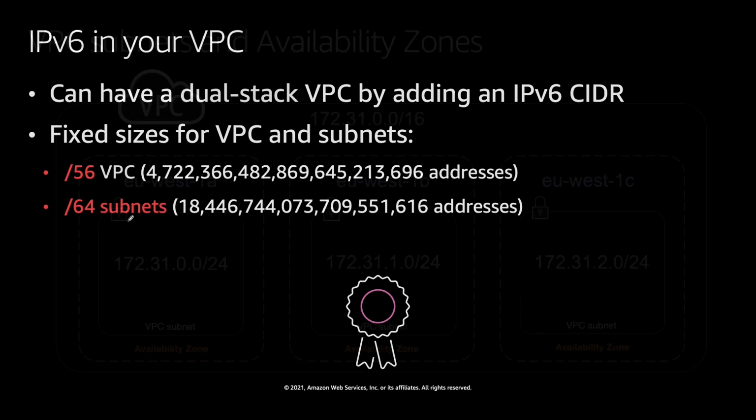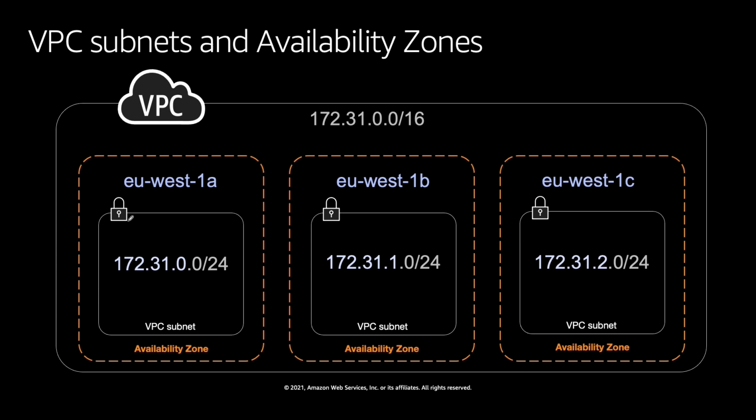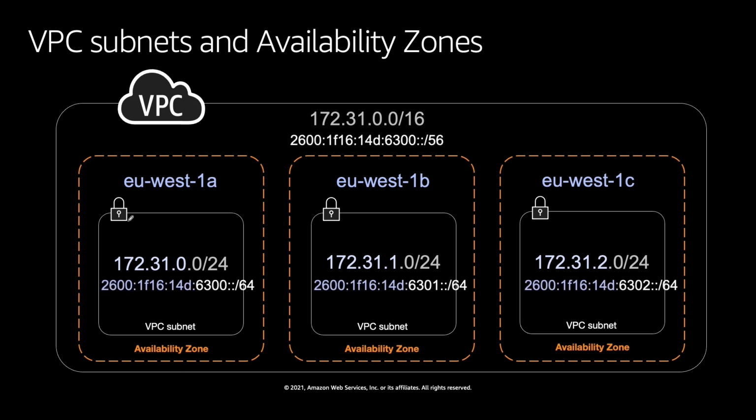If we go back to the previous image, since we can have a dual stack, you can just enable IPv6 at the time of creating the VPC, and this is how you get the IPv6 address across all the subnets and the VPC.